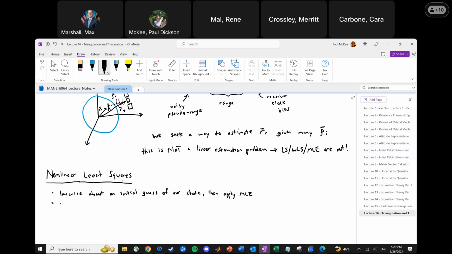Then we will update our state estimate and linearize again, and then apply MLE again, and then update again, and basically repeat until convergence. So linearize, MLE, update, repeat, and do this again and again and again until you basically start getting the same answer over and over and over again.